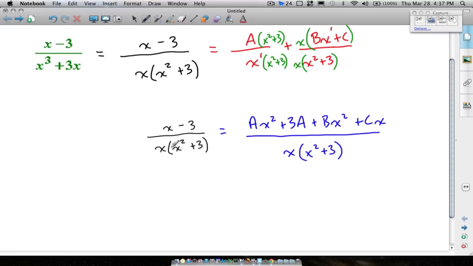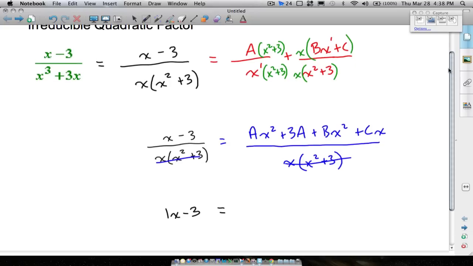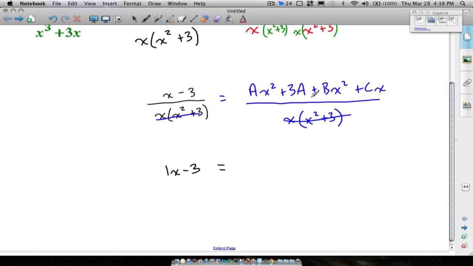Now that our denominators are common, we can kind of ignore them and focus on our numerators. So we have 1x minus 3. I'm just putting a 1 in front of there. You don't have to. I'll talk about it more in a second. It is equal to, let's group our x squares together.